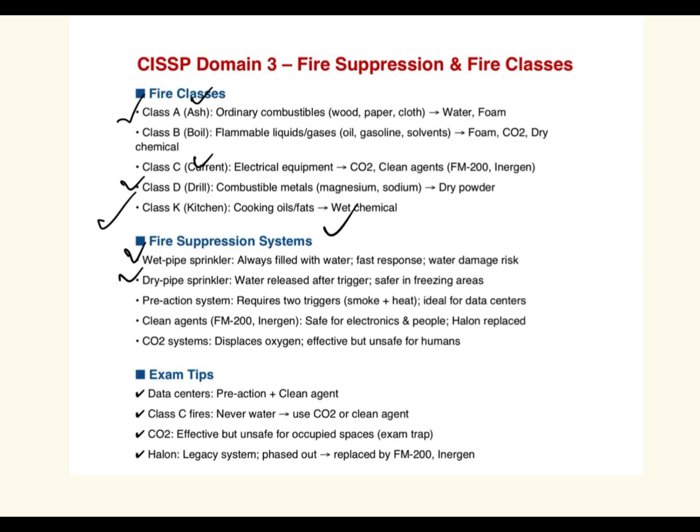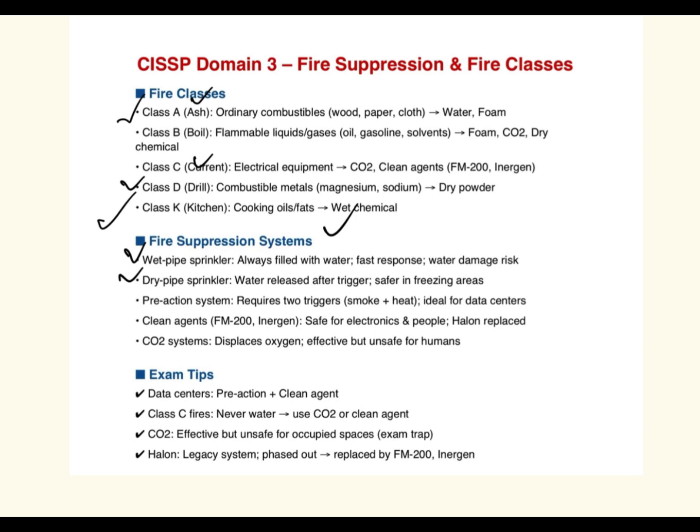The second is the dry pipe sprinkler. The pipes are filled with pressurized air or nitrogen, but there is no water, so we call them dry pipe sprinklers. When a sprinkler head activates, air escapes, valves open, then water flows into the pipes and is released through the sprinkler. At the initial stage they are filled with air.